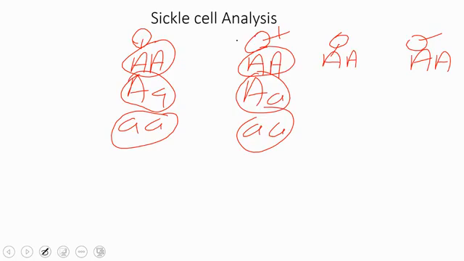They don't have any problem. If any of them is a small a, it means that they are heterozygous. If they are small a like this, it means they are recessive. The two of them are recessive.